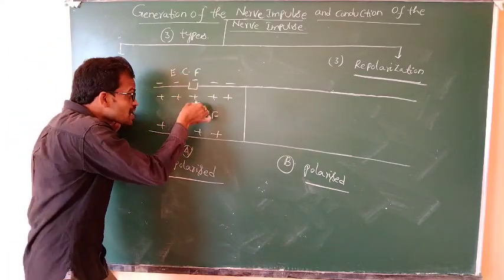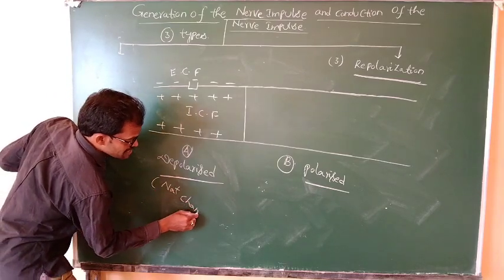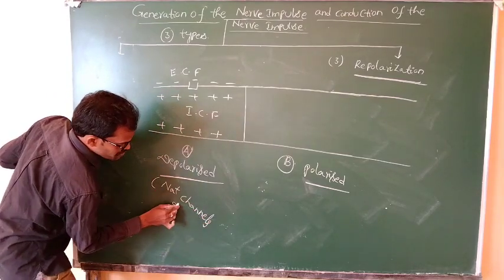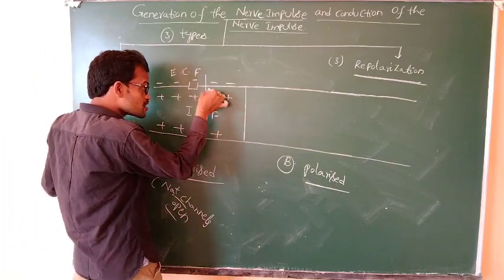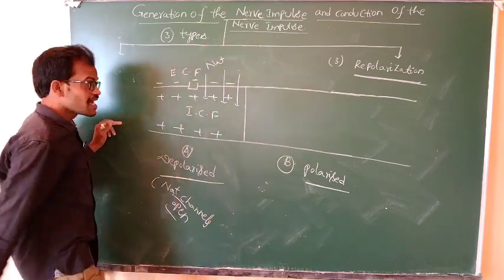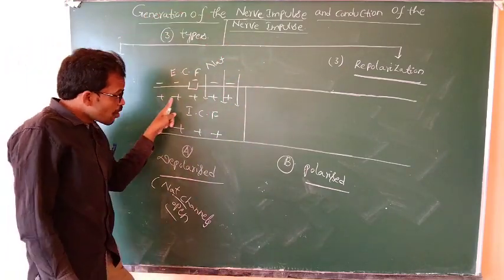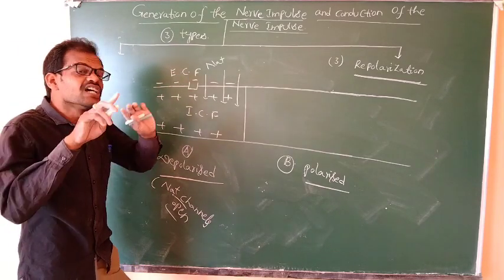The reason is that sodium channels open, sodium ions move in as an influx, and they maintain a positive charge inside. Outside is negative. The polarity is changed.